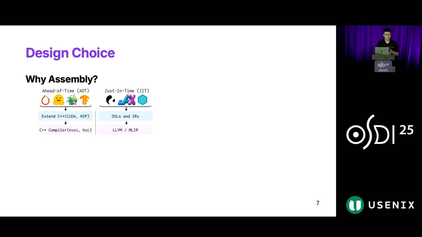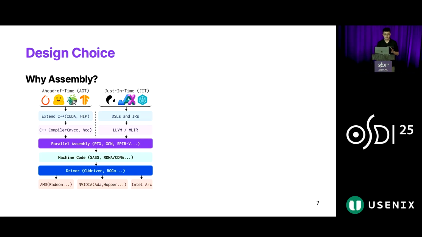Our design choice started by sorting out this complicated ecosystem into 2 branches from the perspective of compilation: the ahead-of-time compiled CUDA C++ and just-in-time compiled domain-specific languages. We identify that these 2 branches will merge at a layer of parallel assembly and will finally dispatch to particular hardware at a layer of the driver.